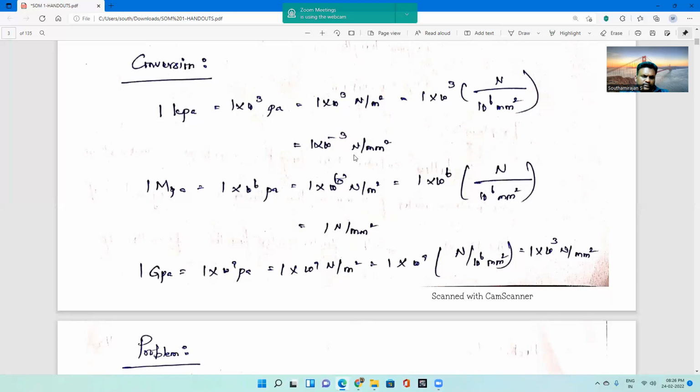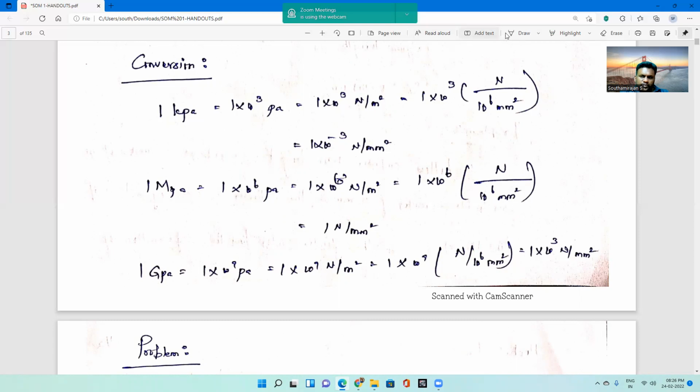First, 1 kPa, whose full form is 1 kilopascal, is nothing but 1 into kilo, which is 1 into 10 power 3 Pascal.